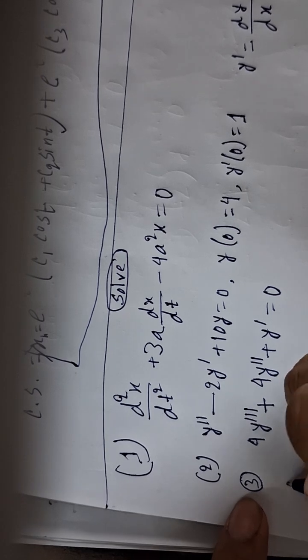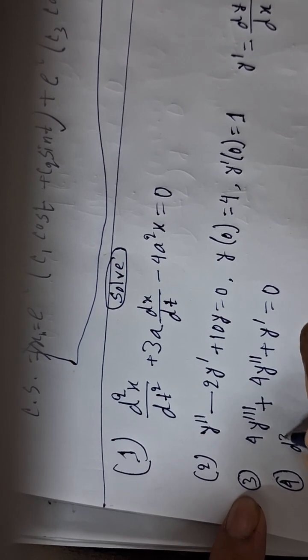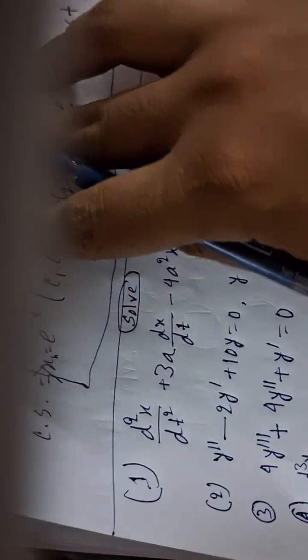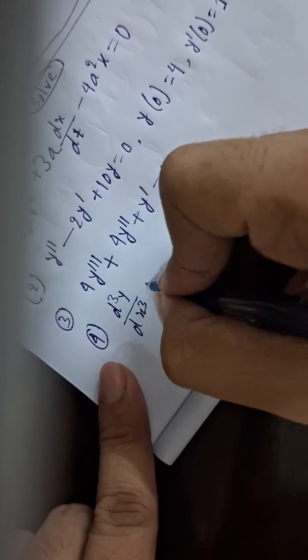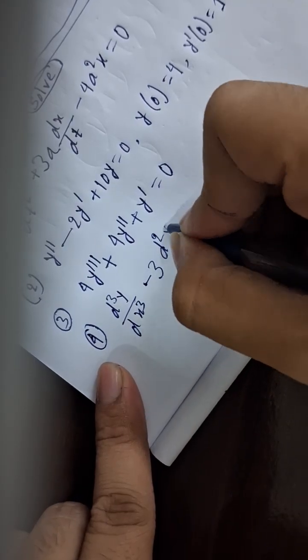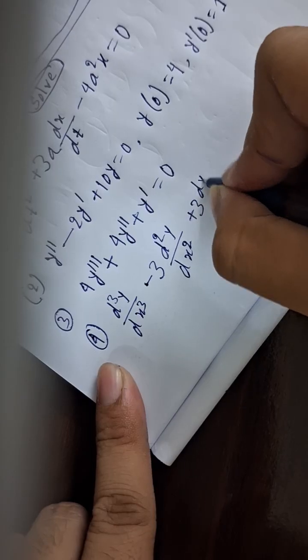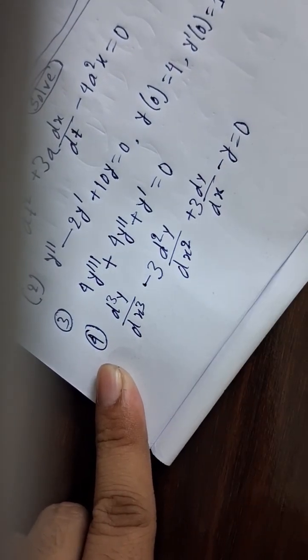Fourth one is d cube y by dx cube minus 3 d square y by dx square plus 3 dy by dx minus y equals 0.